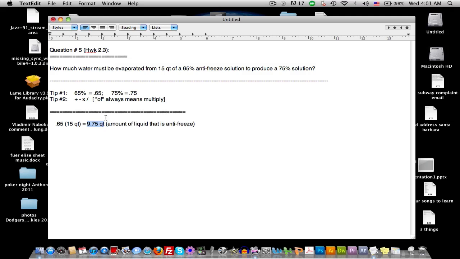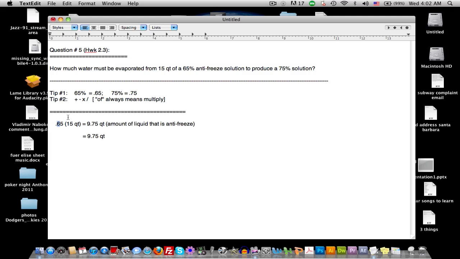Now let's say that your other liquid, it being water, is going to be evaporated. You're not going to be taking away any sort of antifreeze. The antifreeze is going to remain the same. You're still going to have 9.75 quarts of antifreeze. But you want to make this a higher concentration. You don't want to make it 65%.